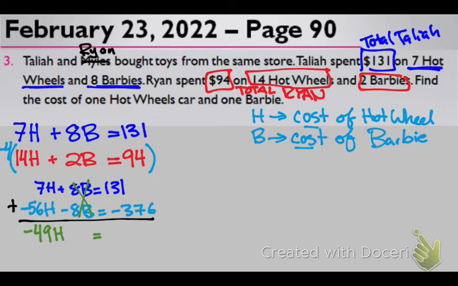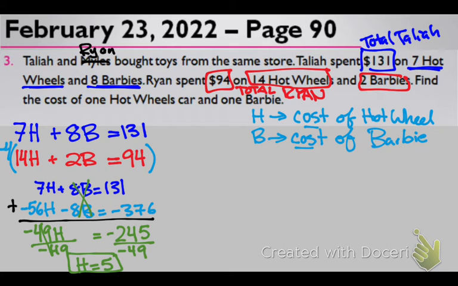What do we get for that one? -245. And when we divide both sides by -49, we should get that h, the cost of a Hot Wheel, is $5.